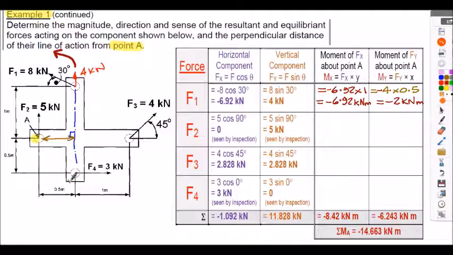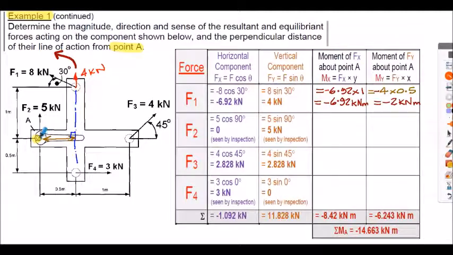So sometimes considering the perpendicular distances as spanners and applying the force at the end of the spanner about the nut, the pivot point A in this case, sometimes helps you see whether you're moving in a clockwise or anti-clockwise direction. This can be a conceptually difficult aspect of the calculation for some students.